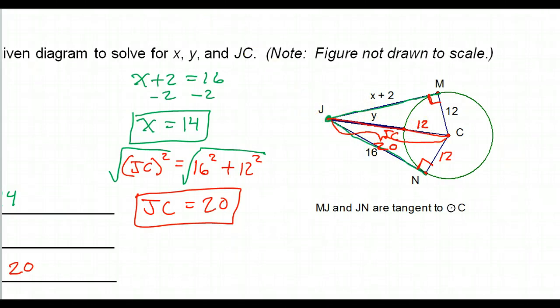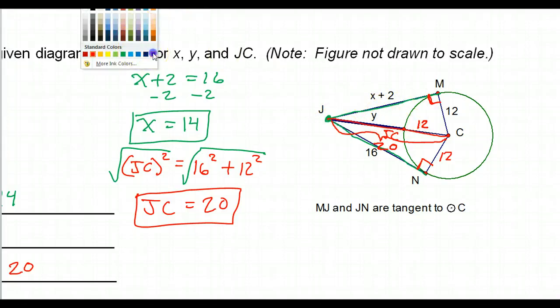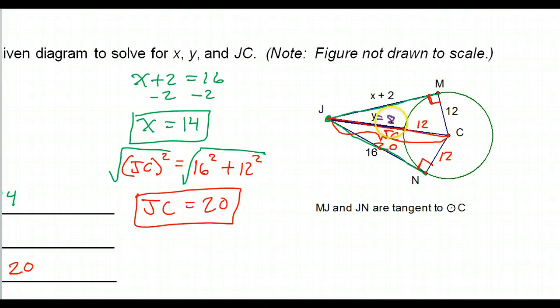So what does that leave y to be? y has to be 8. Okay, y must equal 8, because 8 plus 12 will equal 20. You can think of it as doing 20 minus 12 to get that 8. So y is 8, and that's how you do that.